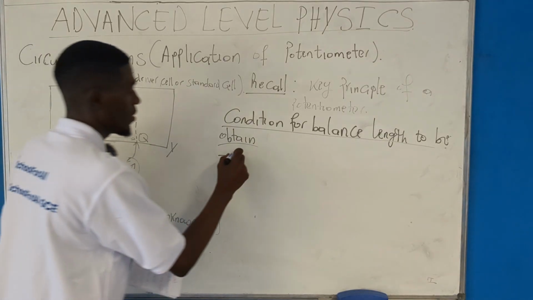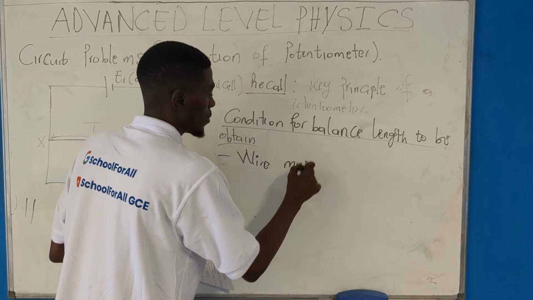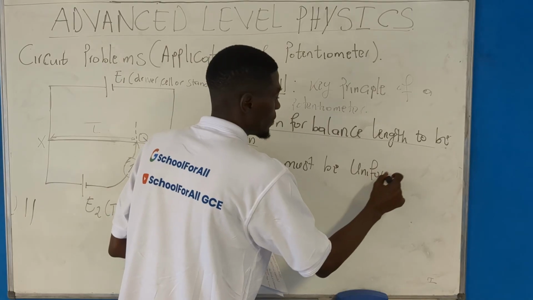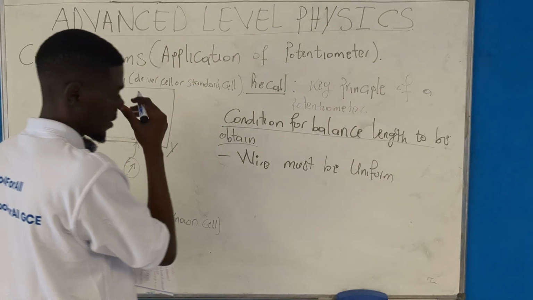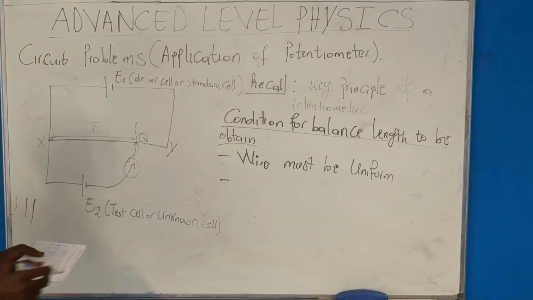So I'll write here, wire must be uniform all through. The next one is the current in the wire must be constant.